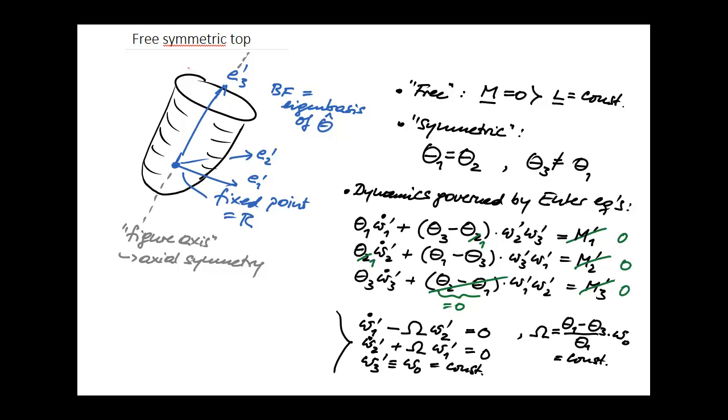There's some vector here, capital L. That's the angular momentum, and that is constant in time. And then there is an angular velocity vector, and that points in yet another direction in general.